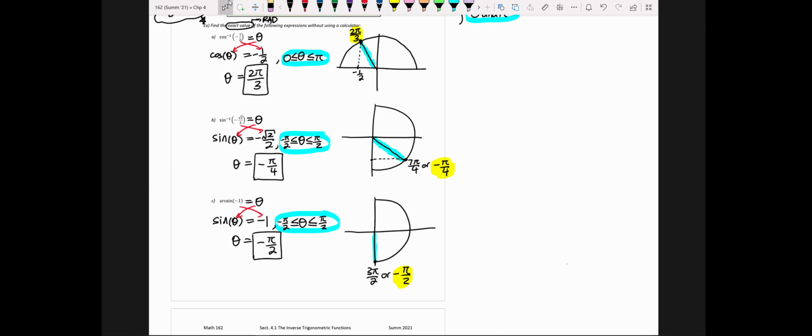Okay, last one. Inverse secant of negative 2 is equivalent to inverse cosine of negative 1/2. So to go from inverse reciprocal to inverse function, we reciprocate the input.